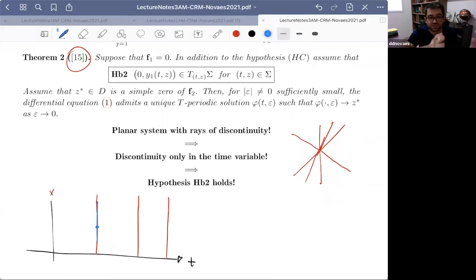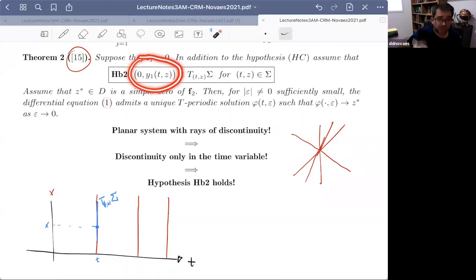Of course, we have to translate it to the origin. Let me just take T and X. This is T and this is X. If it is the tangent space of the discontinuity manifold at (t,x), then this vector always belongs to the tangent space because this vector always has zero in the first entries.